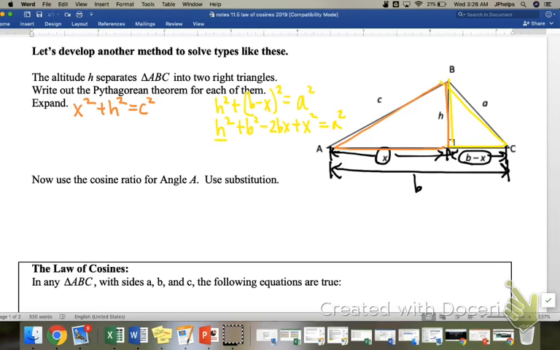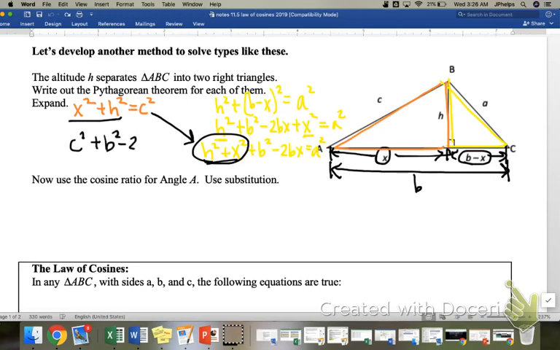I'm actually going to rewrite that. So now we can see this is x squared plus h squared, x squared plus h squared. Because this quantity x squared plus h squared is equal to c squared, we can go ahead and substitute that in. So that's c squared plus b squared minus 2bx is equal to a squared.